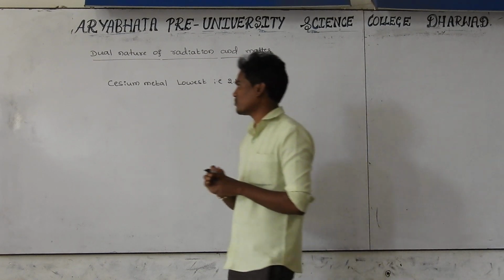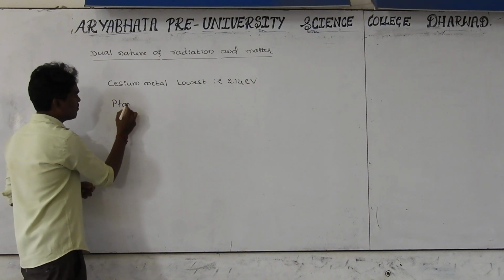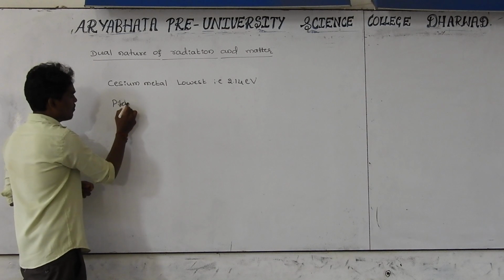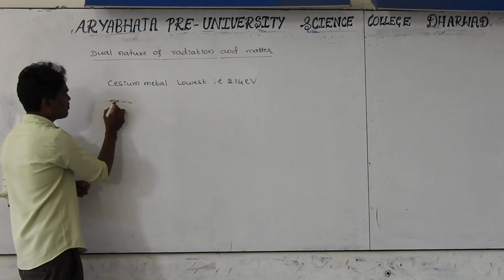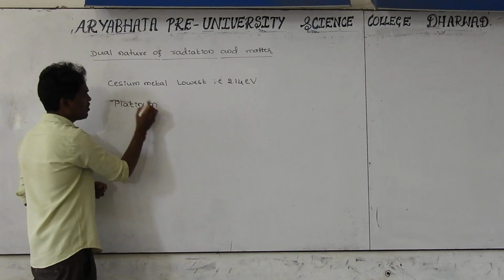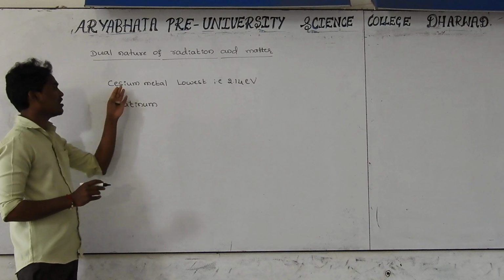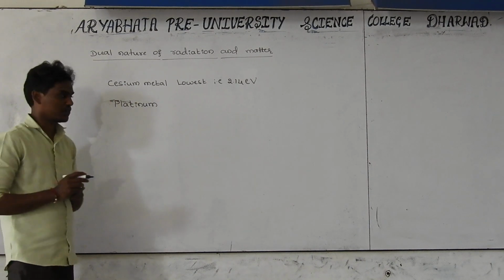Or else one more example is platinum. In order to emit the electron from the surface of the platinum metal, we need to supply more energy as compared with the energy supplied to the cesium metal.